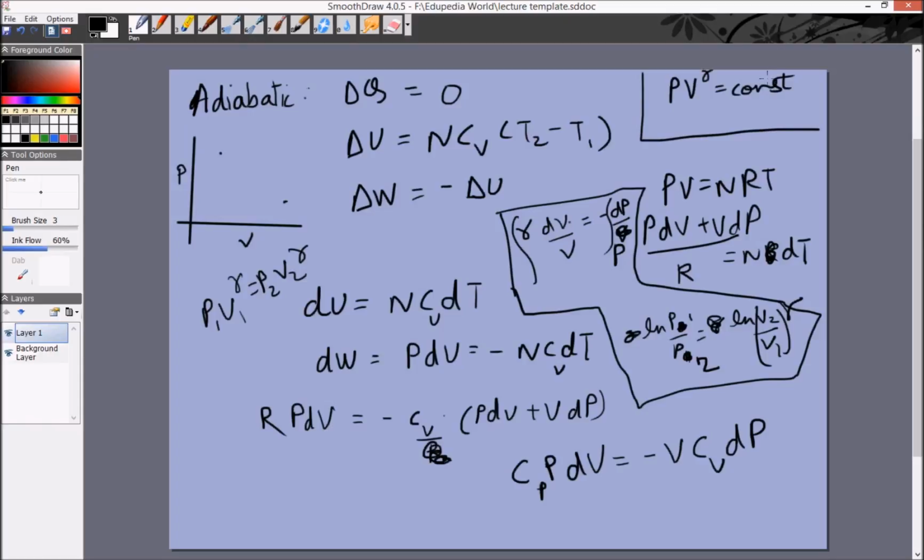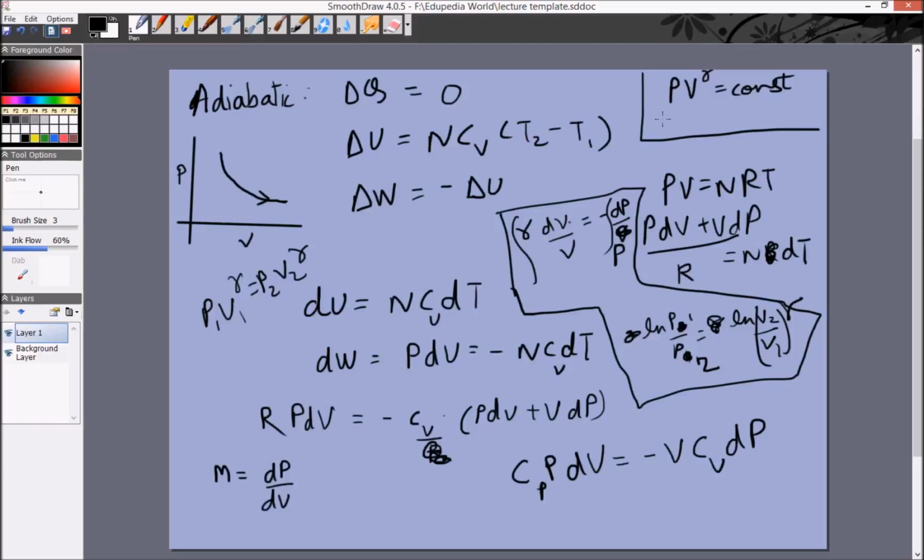PV is a constant was for isothermal, PV to the power gamma is a constant is for adiabatic, right? And if you try to draw the graph, it looks like an isothermal graph with one difference, and this is important because very often by looking at the graph you'll need to differentiate between whether it's isothermal or adiabatic, because they look quite similar. And now the slope comes into play. M in this case will be dP by dV, right?